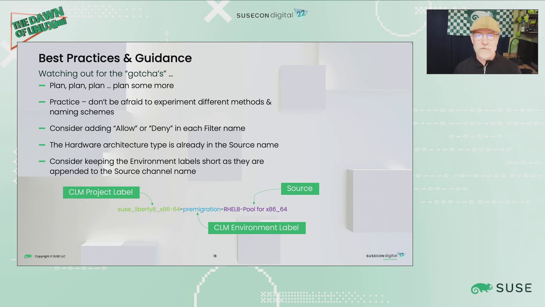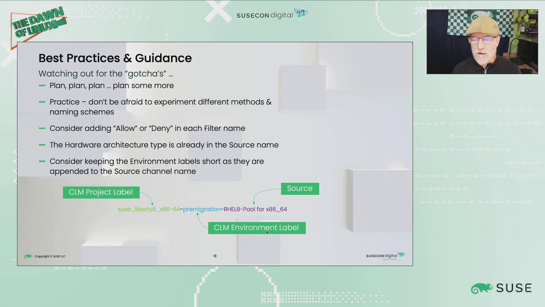The hardware architecture type is already in our source name, so we don't need to then add x86_64 or aarch64 or whatever. It's already in the source name, so we don't have to add that. So consider keeping your environment labels short as they're appended to the source channel name. For example, if we look at our project label, I'm using SUSE Liberty 8 as my project label.